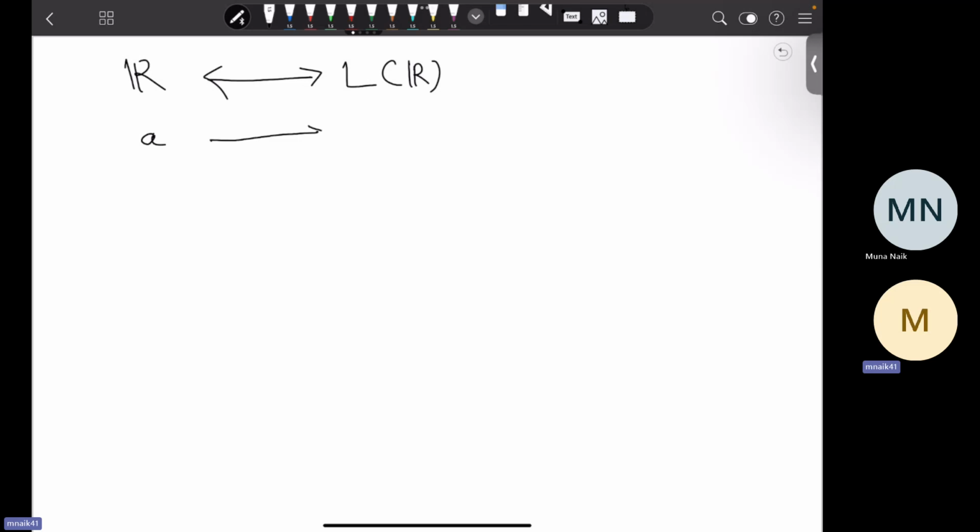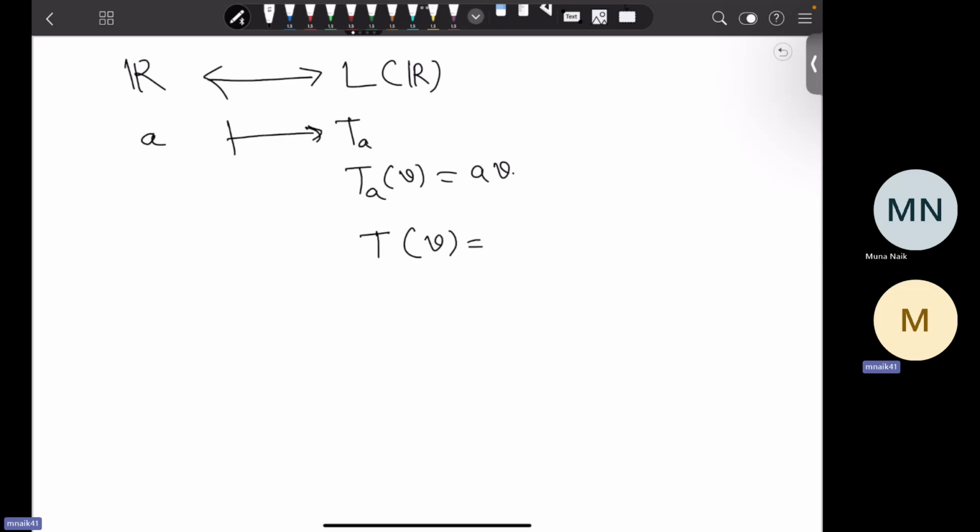It will give rise to a linear map T_a. And what will T_a be? T_a will be simply a multiplication map. So T_a(b) is equal to ab.